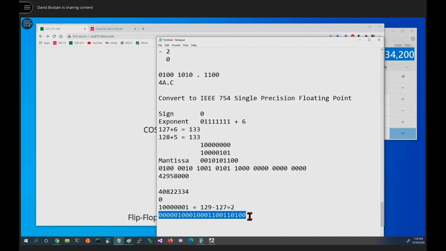This guy is the Mantissa. If we remove the normalization part of him, we're really going to stick a 1 in front of it, right? That's the hidden 1. Now we need to move that decimal 2 points to the right. I'll get rid of that, move it to here.